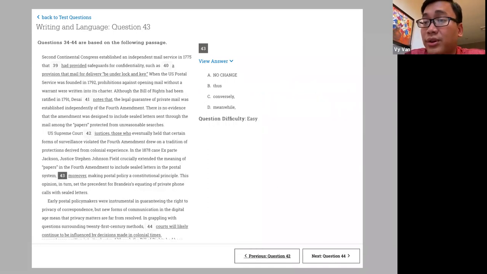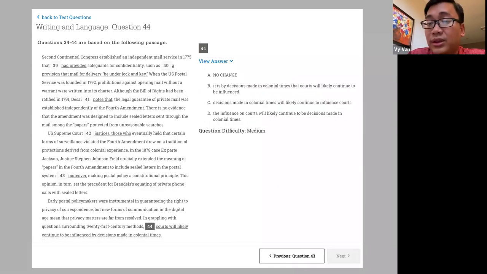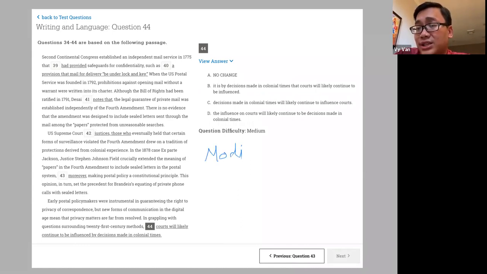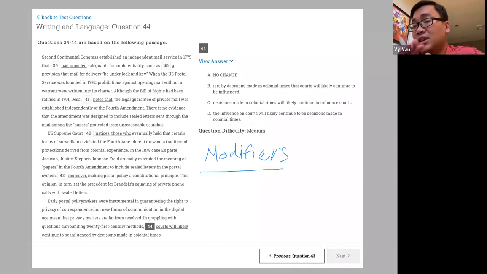Well, we didn't do 43. We did 43, now 44. Number 44 is a modifier type of question. That means the modifier is modifying what subject? Let's read this.